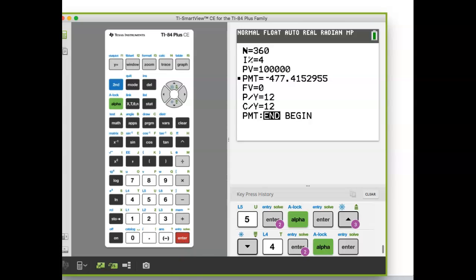All right. So I'll just make a note. On my 4% loan, I'm going to make payments of $477.42.